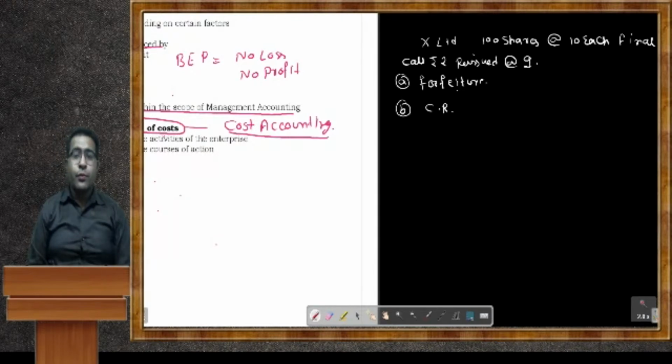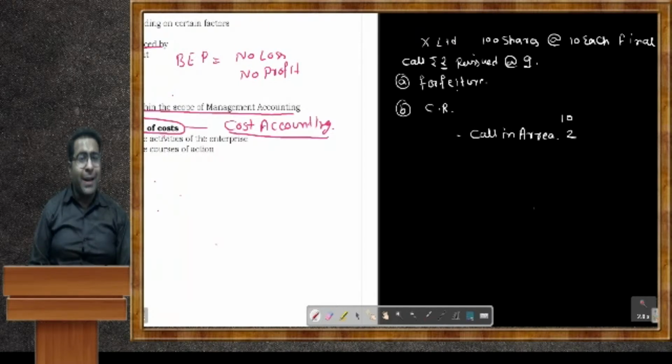Any amount which is not paid, non-payment of call, goes in call in arrears. So from that 10 rupees, 2 rupees were not paid by the shareholder, so a total of 8 rupees was paid. This 8 rupees is the benefit for the company, which is transferred to share forfeiture.